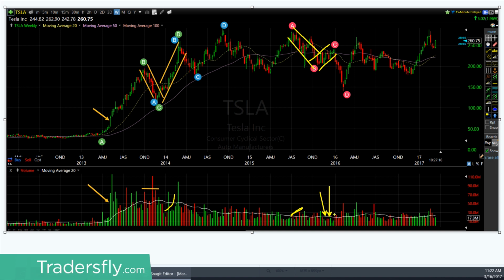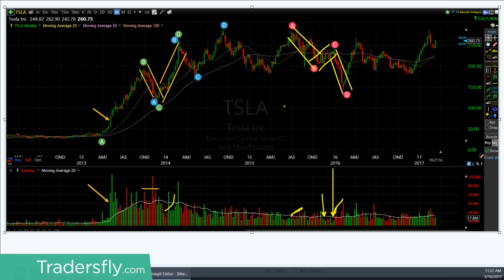It's contracting, and the bullish volume is a lot lighter. And then as we get our next break lower, the C to D, you can see that volume picking up again on the bearish end.